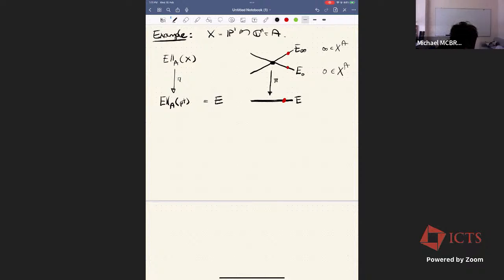This fiber you should think of as the equivariant K-theory of X, but where you specialize your equivariant parameters at epsilon, and that canonically decomposes as a direct sum of equivariant K-theories corresponding to the fixed locus.